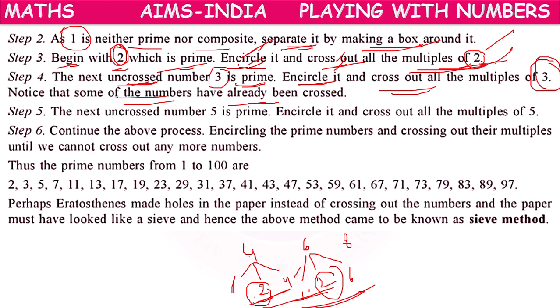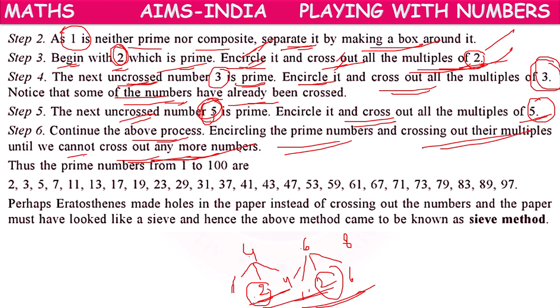Next number 5 is a prime number. We encircle it and cross out all the multiples of 5. Like that, we should continue the process, encircling the prime numbers and crossing out their multiples until we cannot cross out any more numbers.